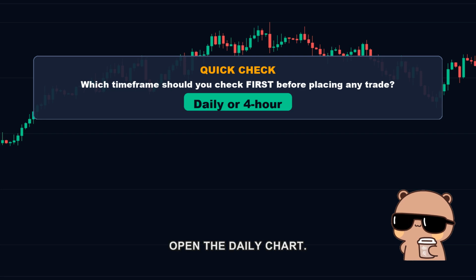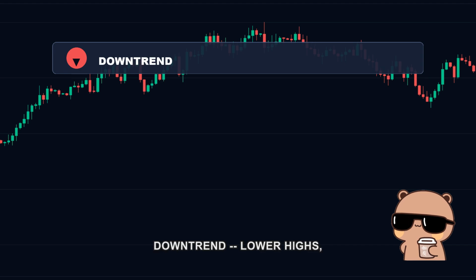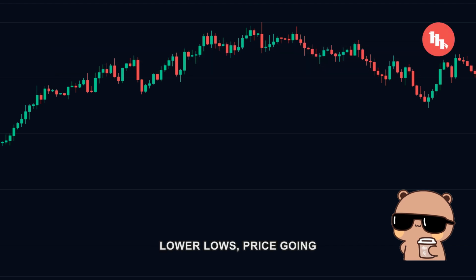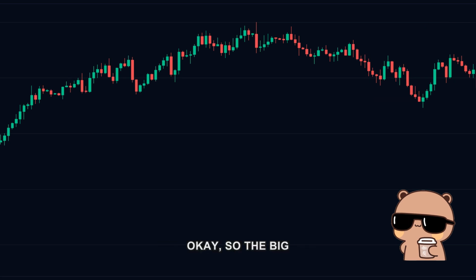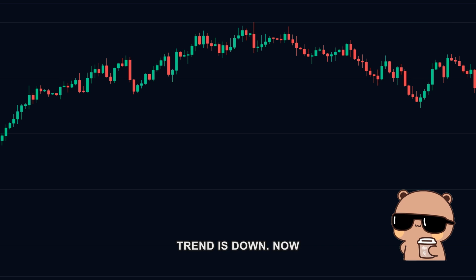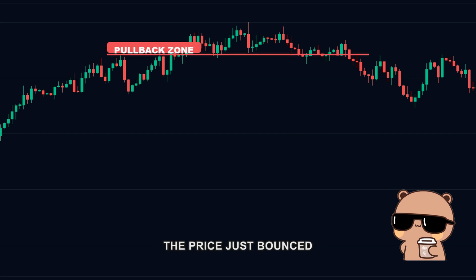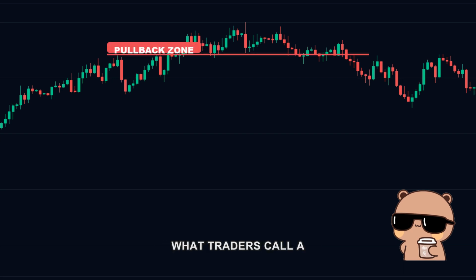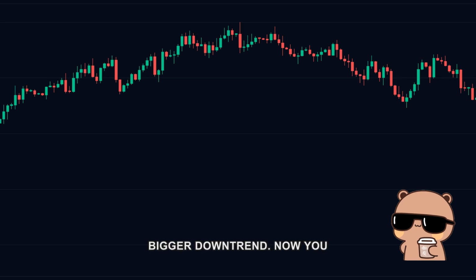Now let's do it the right way. First, you open the daily chart. You see gold has been in a strong downtrend. Lower highs, lower lows, price going down like a slide. Okay, so the big trend is down. Now you drop to the 4 hour chart. You see the price just bounced up a little, what traders call a pullback, but it is still inside the bigger downtrend.